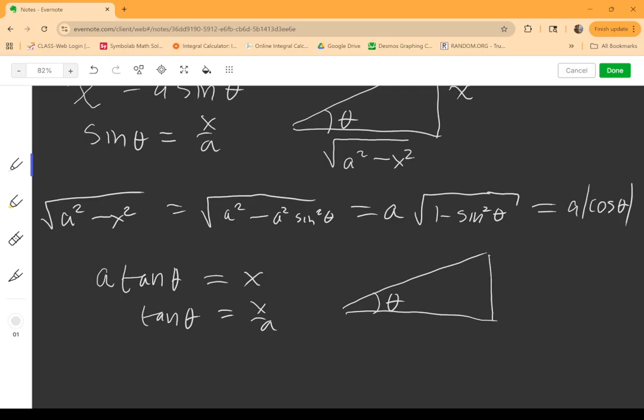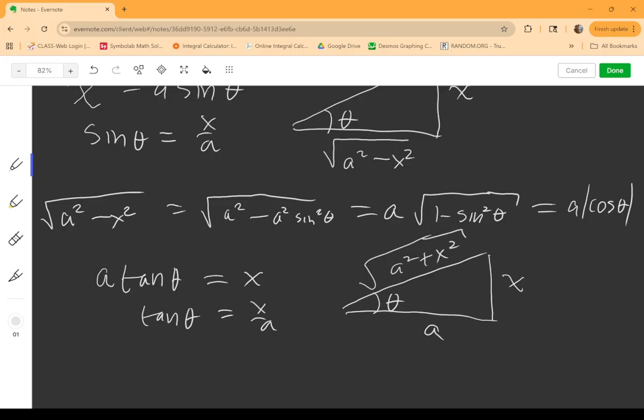So we need to be able to evaluate them to switch back to our x variable. So we need the triangle that'll help us out here. Tangent is opposite over adjacent, which means that from the Pythagorean theorem we get the root of a squared plus x squared.